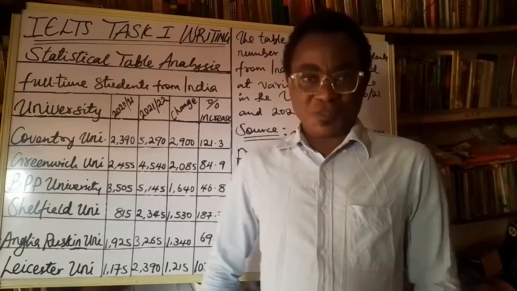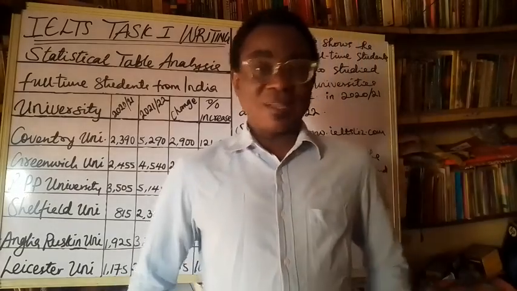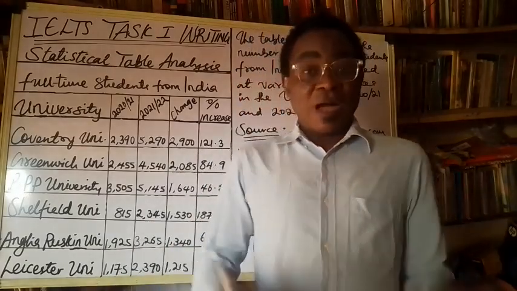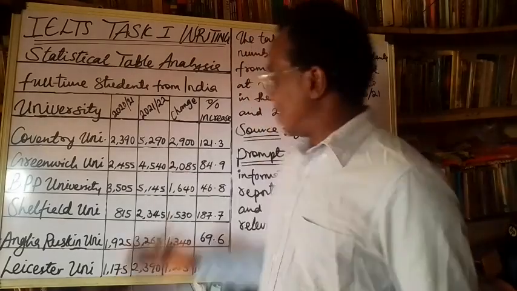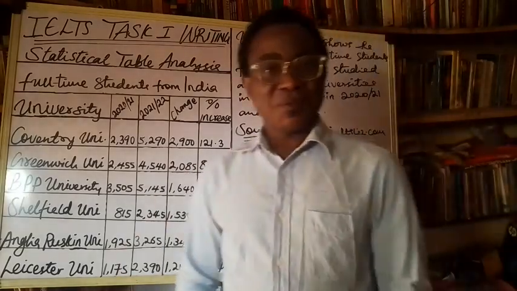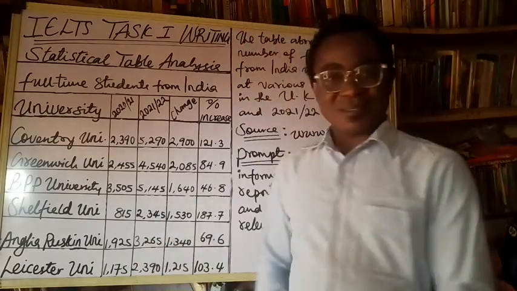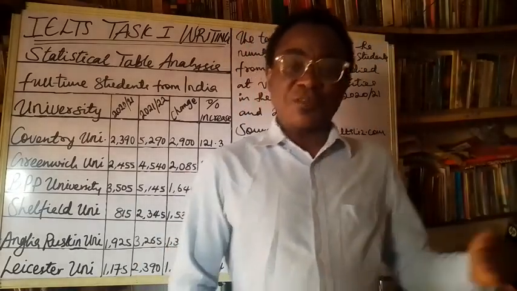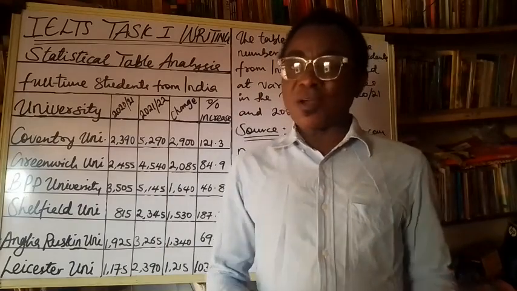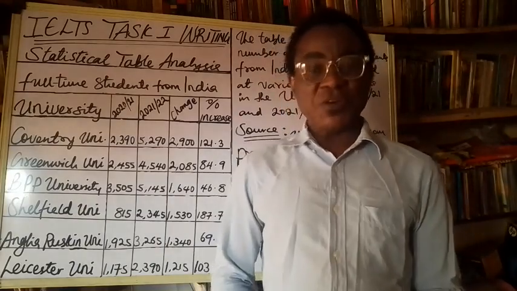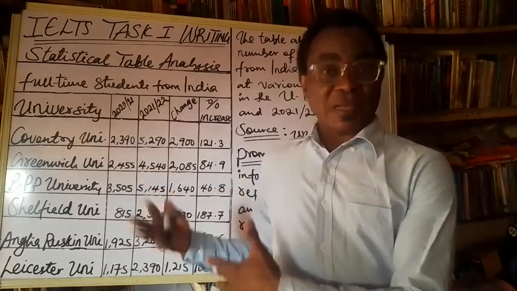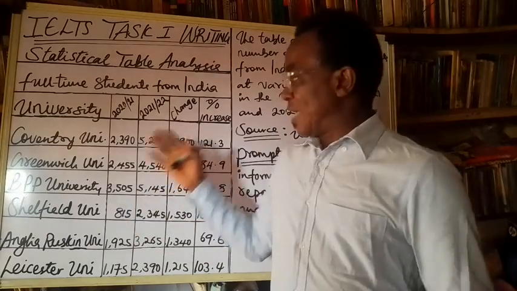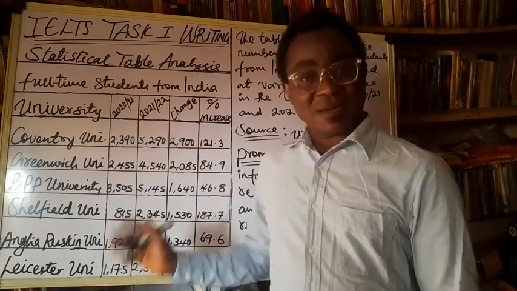I apologize for that. It was not foreseen. Alright, today we take a look at the table before us. Like I have already remarked, if you watch our immediate previous video on statistical table analysis, you'll be able to follow my explanation on this.